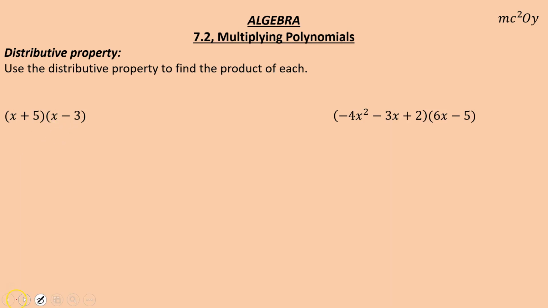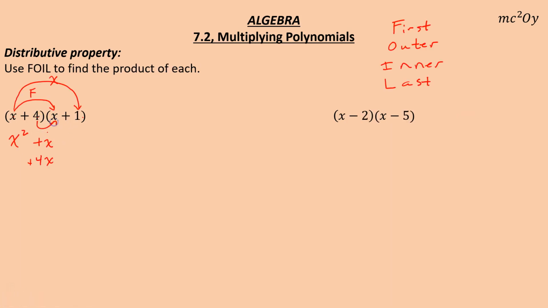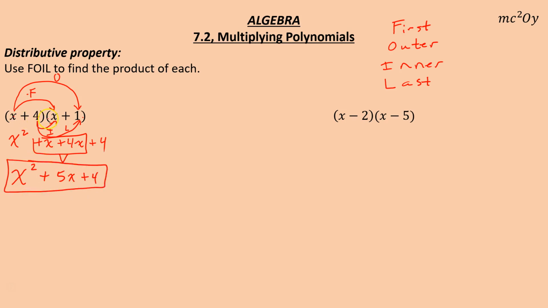And then 4 times 1, the last. That is FOIL. F-O-I-L. All right, so I get x squared plus 5x. These two things go together to make 5x, combining like terms, plus 4. I have now multiplied it. I multiplied each thing in the first binomial by each thing in the second.